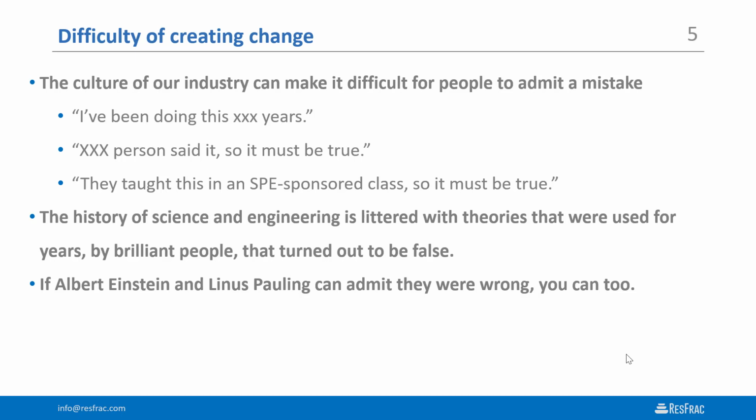Albert Einstein and Linus Pauling are two examples. Linus Pauling is one of the greatest chemists in history, and he proposed that DNA is a triple helix, which of course it's not, it's a double helix. So if these brilliant people can admit that they were wrong, then you and I can admit when we're wrong, and we have to let the data and the science lead us.